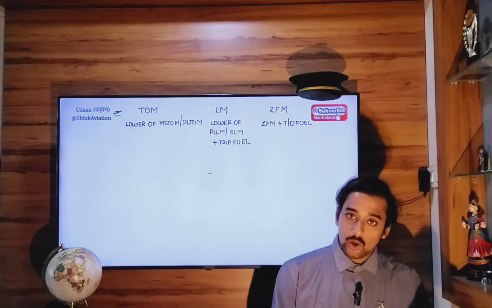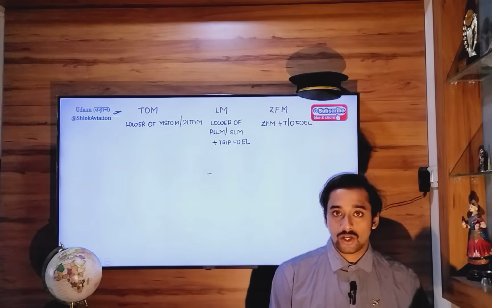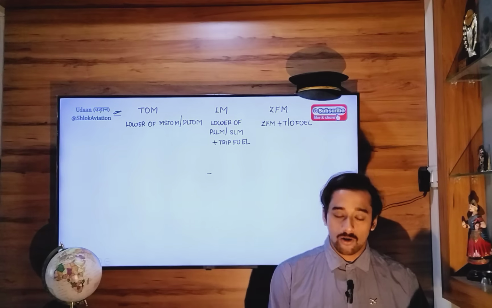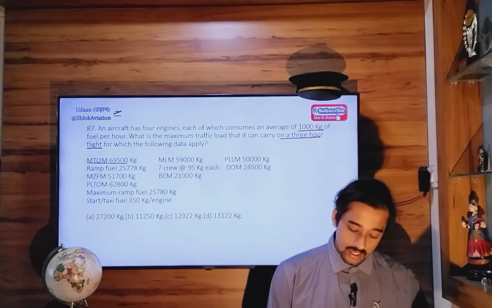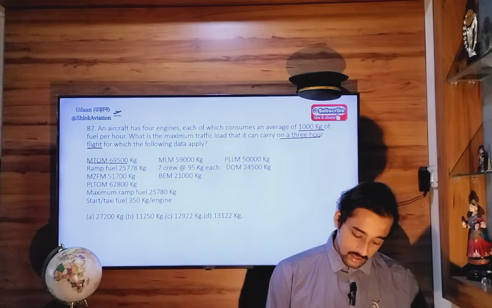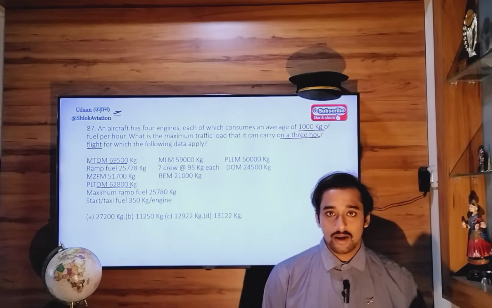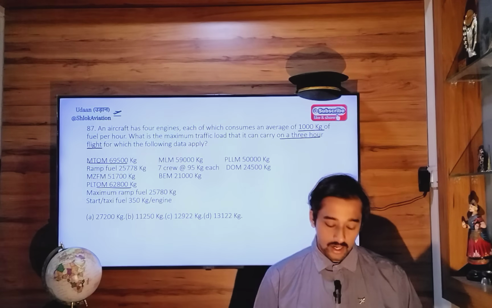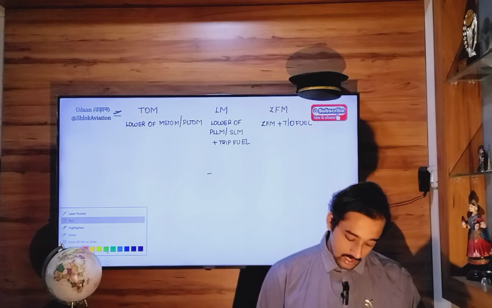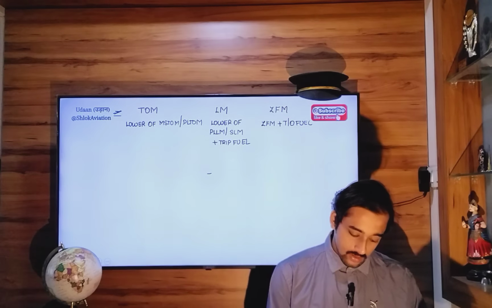In the takeoff mass column, you write a value which is the less of structural takeoff mass and performance takeoff mass. Structural takeoff mass is 69,500. Maximum performance takeoff mass is 62,800. Definitely 62,800 is less than 69,500. So you go ahead with that, 62.8.